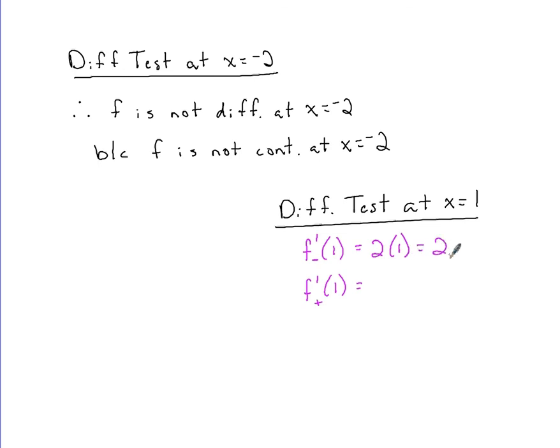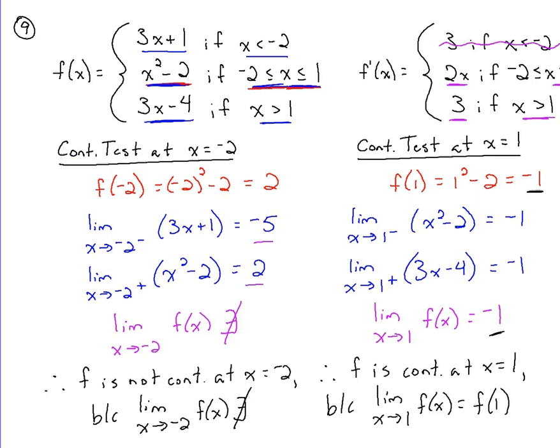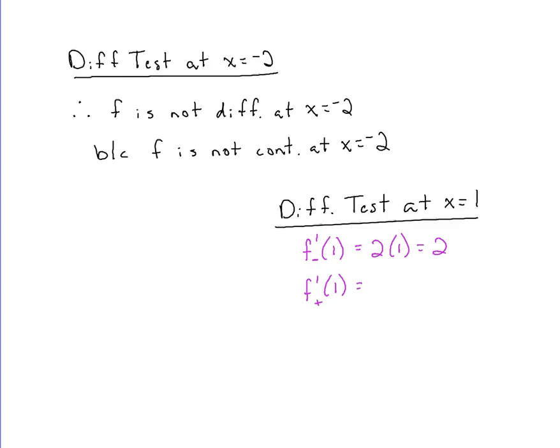From the left, it's going to be 2 for this derivative. And then from the right, exploring here values at x is 1, from the right, those values would have to be greater than 1. So I'm taking that last piece. That last piece is just a 3, so no matter what x I'm plugging in, I get 3 back.